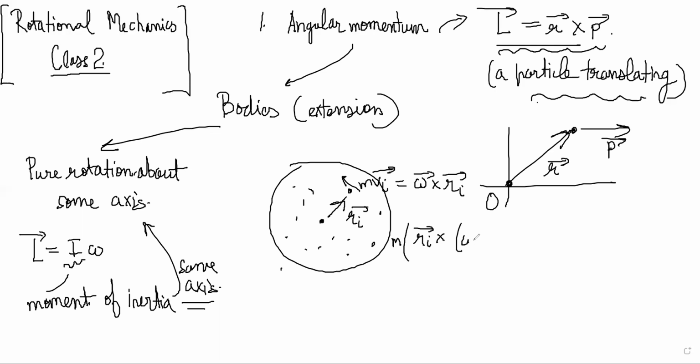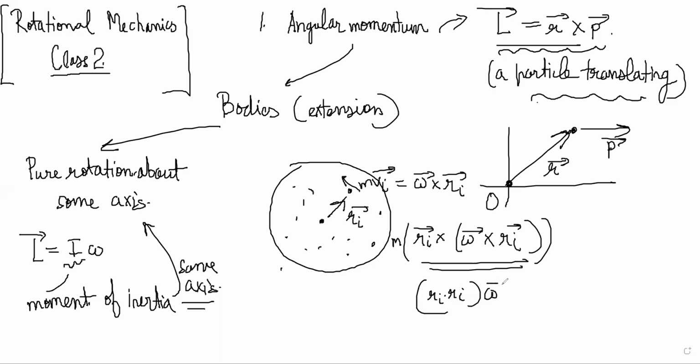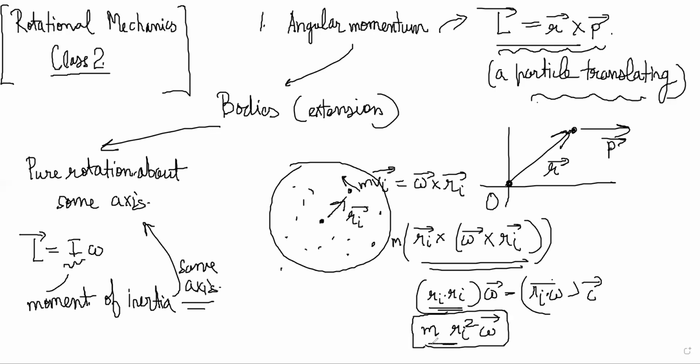We saw that this is a vector triple product, and whenever you have A cross B cross C, you can write it as (A dot C) B minus (A dot B) C. And this becomes Ri squared omega m in the direction of the omega vector, and this summation becomes I omega.